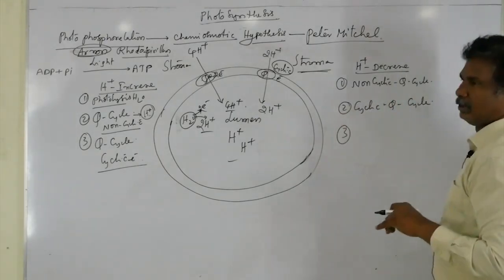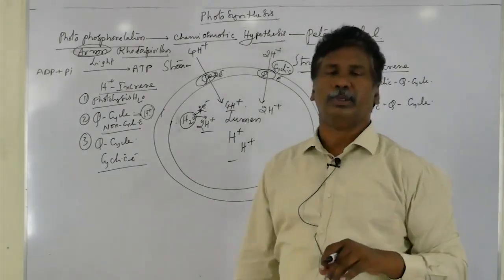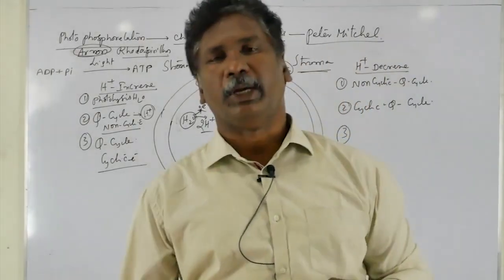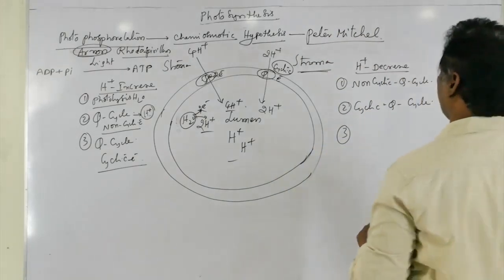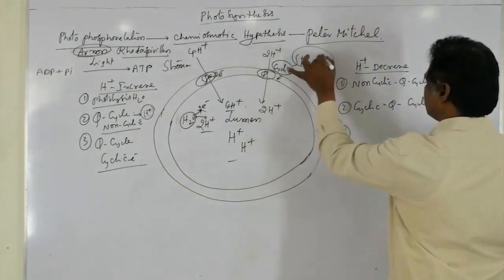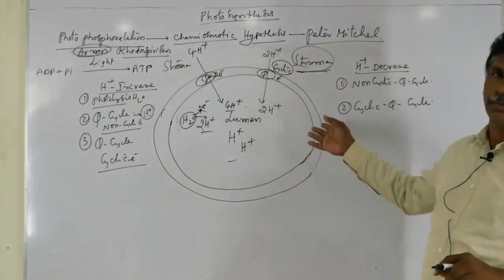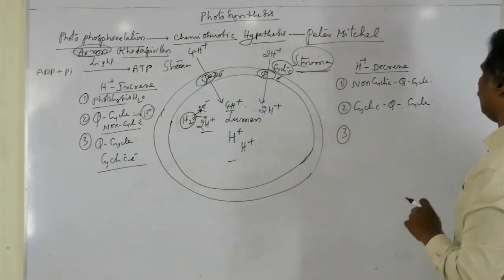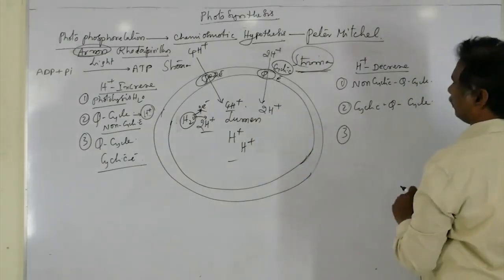These two translocate protons from stroma to the lumen. So ultimately the proton concentration will decrease within the stroma compared with the lumen. And what is the third one?